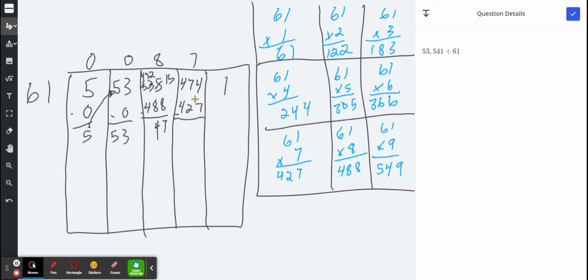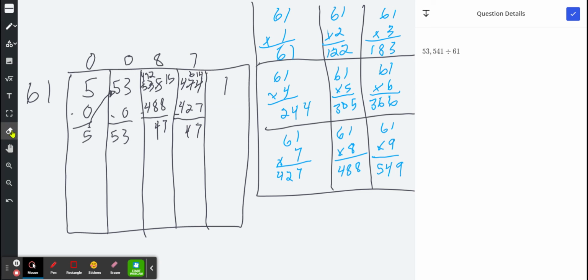We subtract here. Again, can't take away 7 from 4, so we need to borrow from the tens place. This becomes a 6, and this 4 becomes a 14. And now I can subtract. So 14 minus 7 is 7, and 6 minus 2 is 4. We get another 47. It's kind of nice. This 47 is going to go up there.